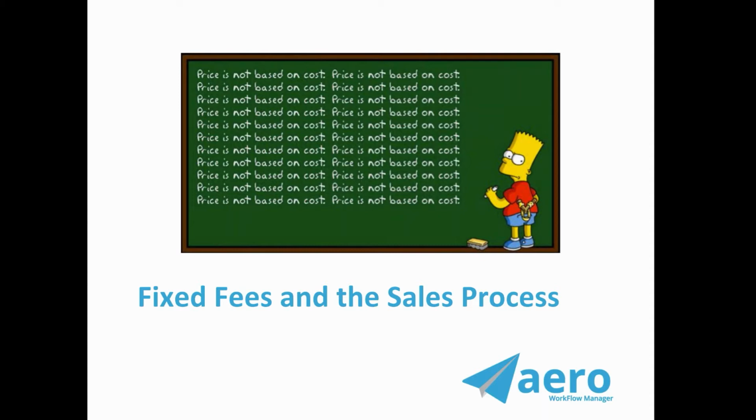There's a little bit of a difference there, in that value pricing is more about pricing the customer differently from one customer to the other, is my understanding of it. Whereas fixed fee pricing, which is what I'm talking about here, is just, instead of billing by the hour, coming up with a price for the service, and then your firm performing the service the way you agreed to, and the client paying the fixed price for it.